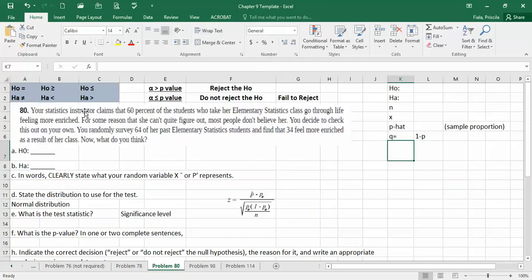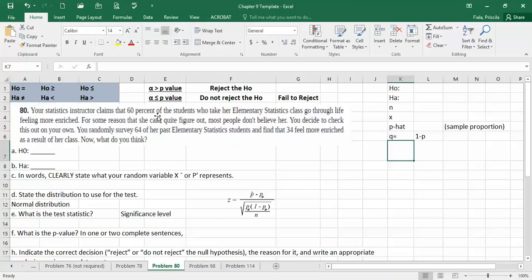So your statistics instructor, not me, claims that 60% of the students who take her elementary statistics class go through life feeling more enriched. Okay, so the statistics instructor claims that 60%, we're talking about proportion, correct? Well, here you could understand different ways.